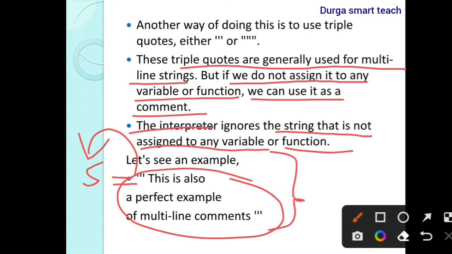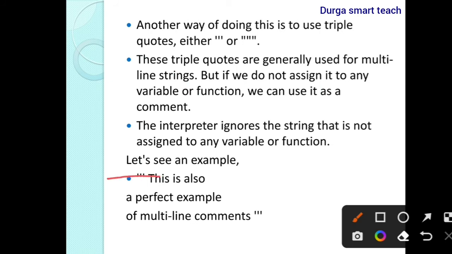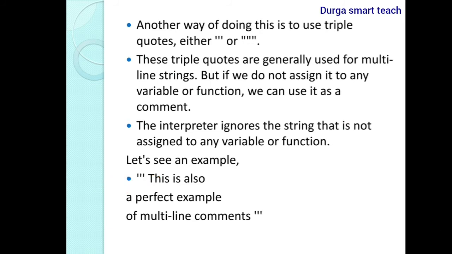If you are not storing it in any variable, then it is known as a multi-line comment. Multi-line comments are normally enclosed between triple single quotations or triple double quotations. So there are two ways: one is multiple hashes, the next is triple single quotations or triple double quotations.